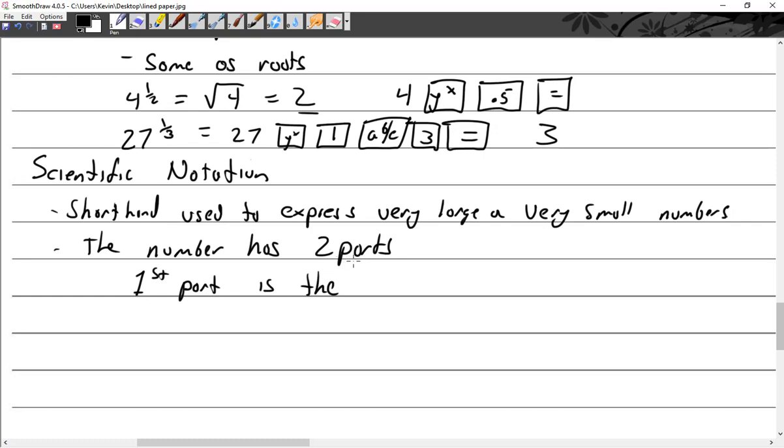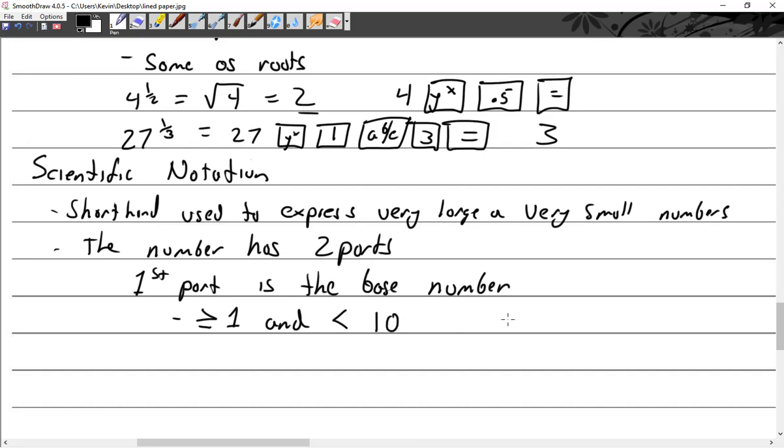The first part is the base number. What is the base number? The base number's got to be greater than or equal to 1 and less than what? Very good. Less than 10.